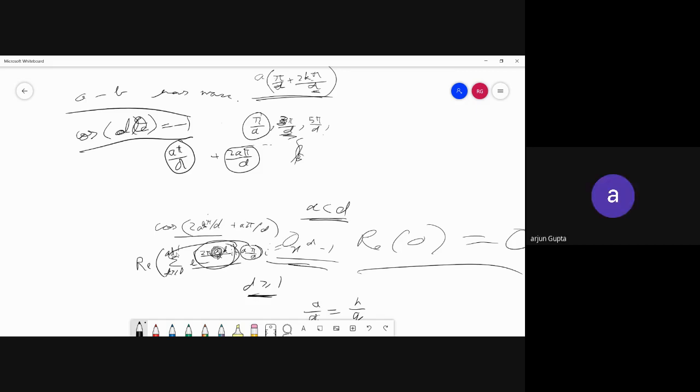And because this is 2 pi a k by d i plus a pi by d i, the e to the a pi by d i you can take outside here. This is a constant.